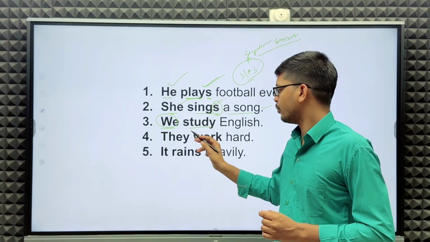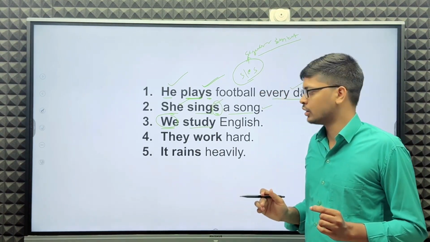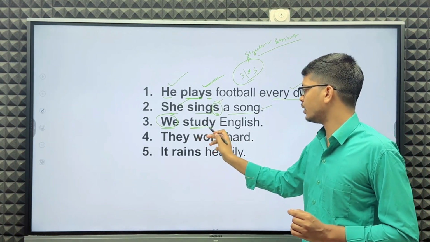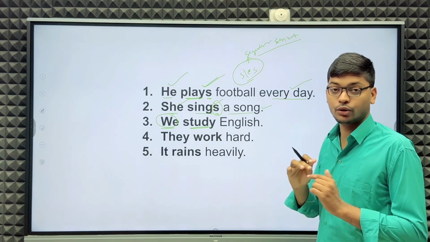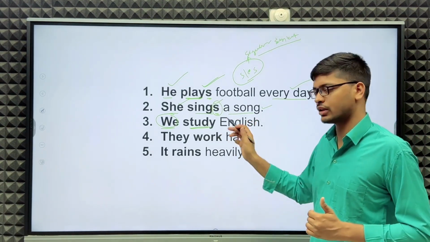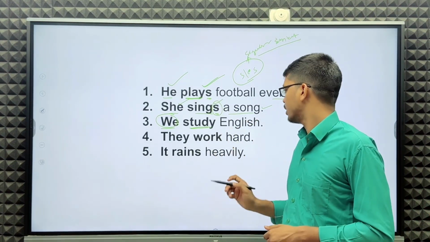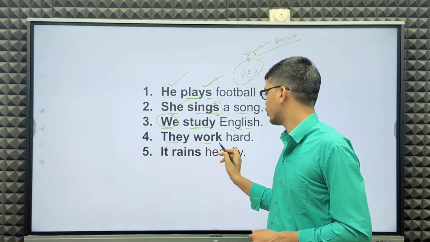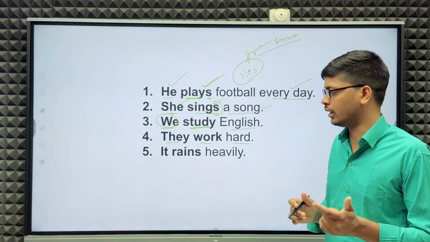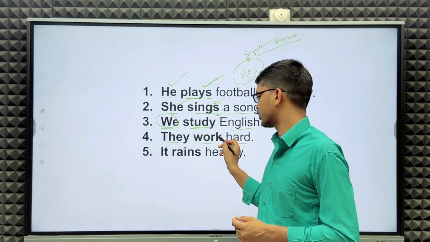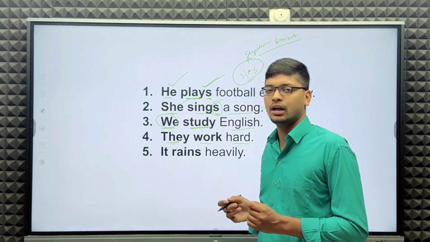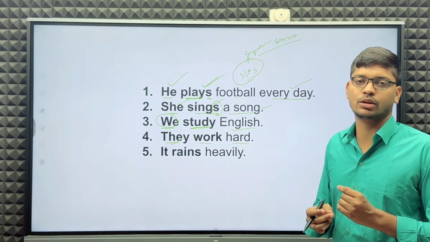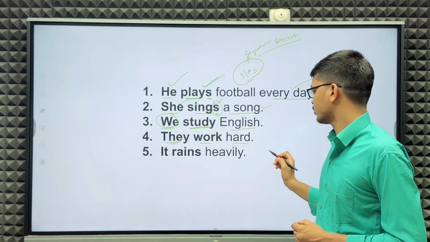So here we is a plural pronoun, so we have to use only study, not studies. We will not use s at the end of the verb. Next, they work hard. Not works, because they is a plural subject pronoun here.